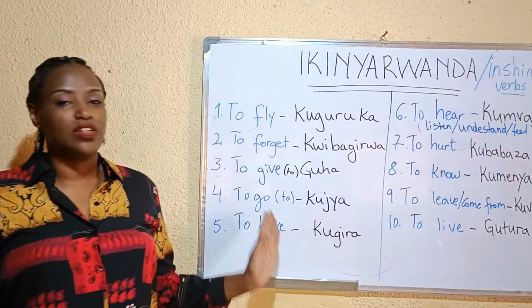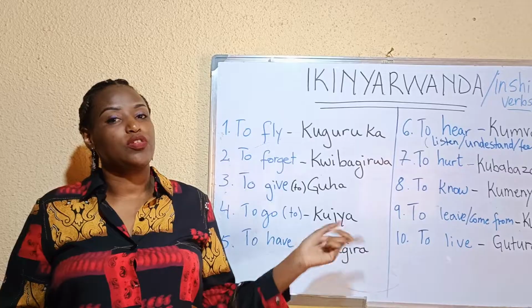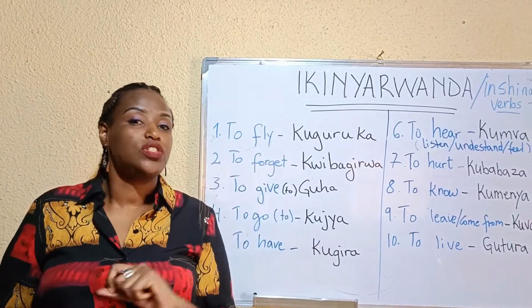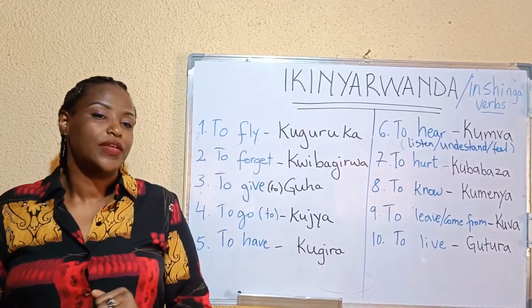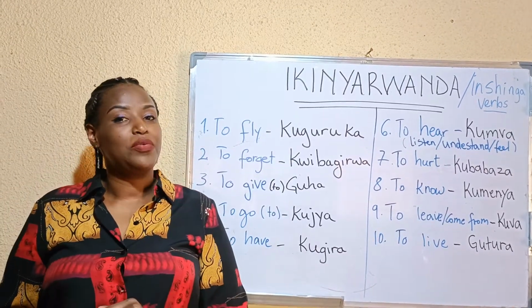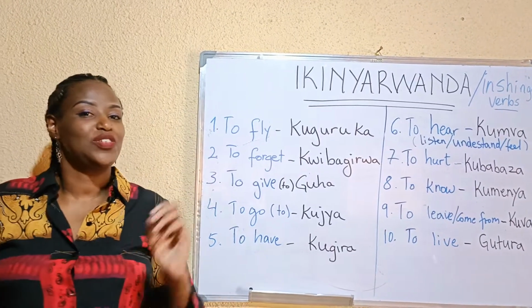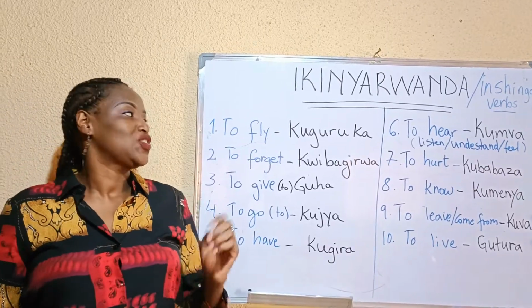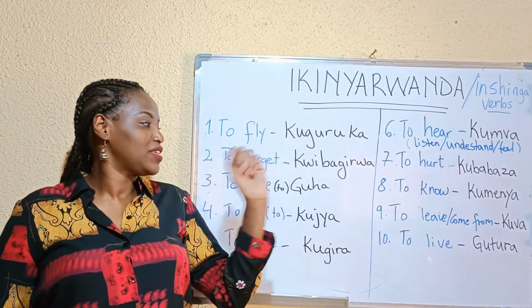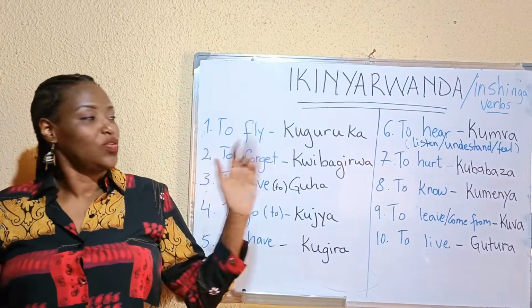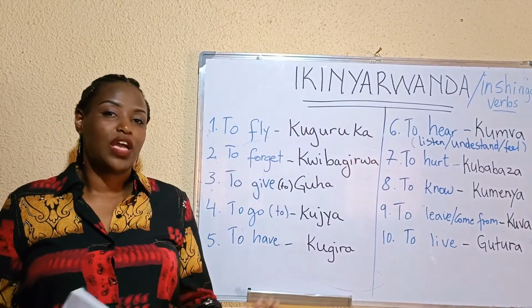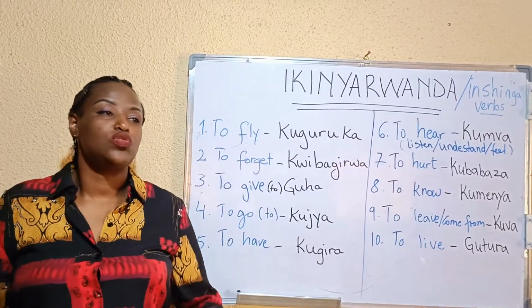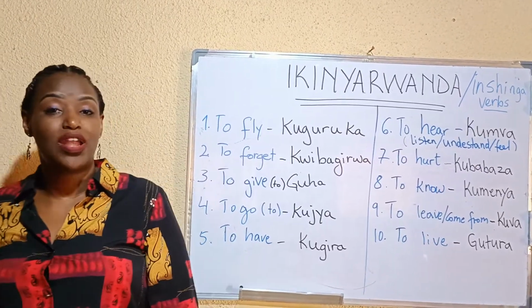I hope this is going to be somehow useful because I know you are looking for the conjugation and how you can use those verbs in a sentence. Don't worry. Just first learn the vocabulary and later on you are going to learn how to conjugate. So if you want to talk about kwibagirwa, guha, kuja, you have a list of verbs you can use. Most of the time when I do these videos, it's more to help people know how to pronounce words.